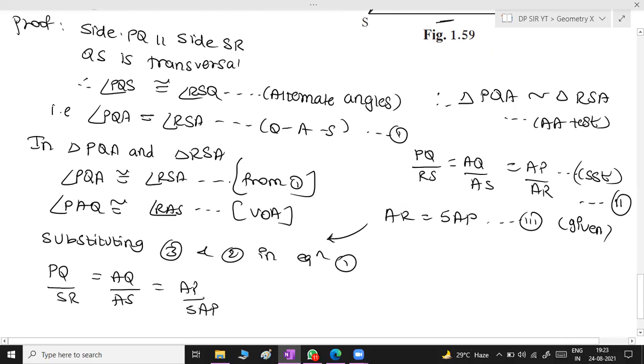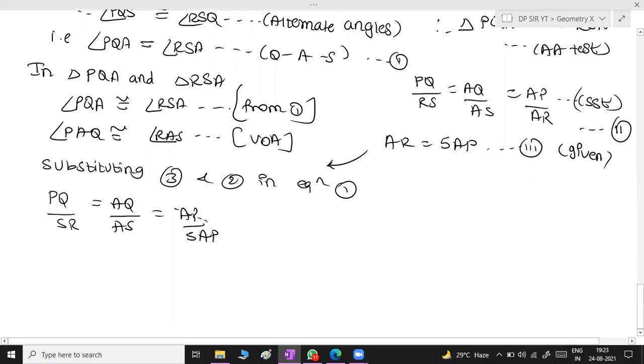This is very simple. AP कट जाएगा. So PQ upon SR is equal to AQ upon AS is equal to 1/5. ये तीनों इक्वालिटी है, तो मैं कोई दो भी ले सकता हूँ. Let this mark be my 4.